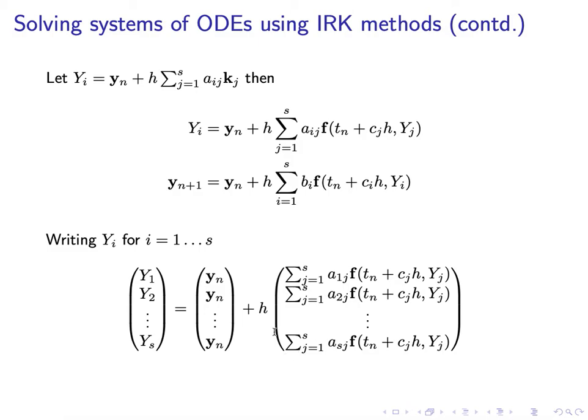And likewise in this matrix here, we have a summation. This is a summation across the first row of A multiplied by f, which is itself a vector. So this is where the tensor product comes in. We have a vector of vectors, so we can use the tensor product to simplify our equations.